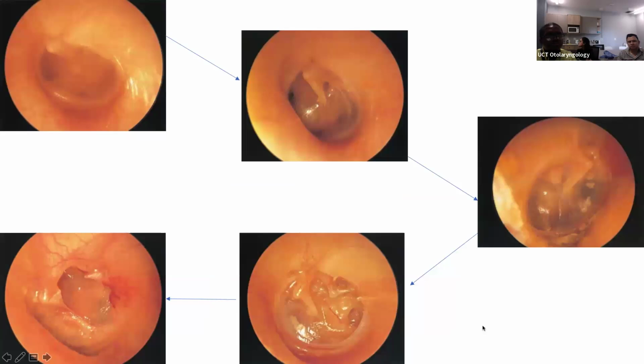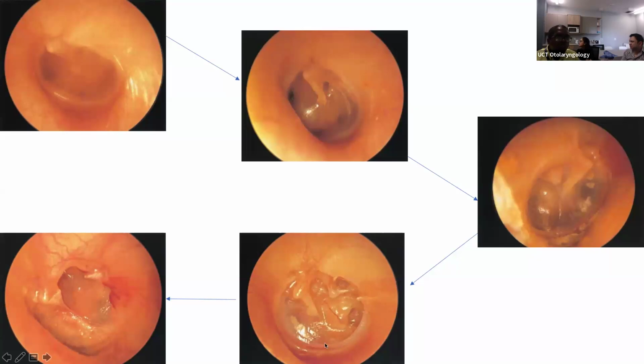So I found these pictures in Scott Brown. Where there's the initial slight retraction, that will be the grade 1. Where it's onto the long process of the incus, then we'll be talking about grade 2. Then where it is plastered onto the promontory will be the grade 3.